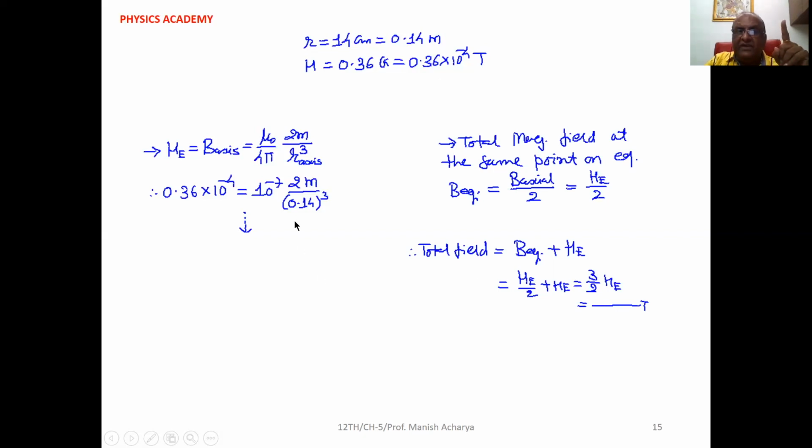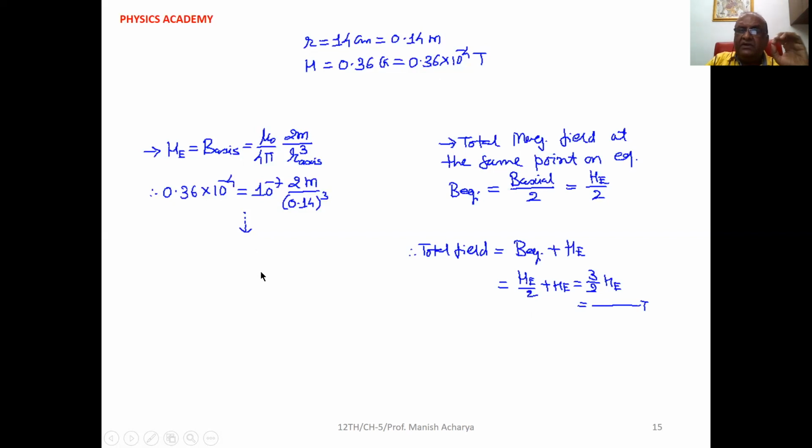Now see here, without calculating this thing directly, you can solve the problem in this way. But why did I place this equation here?